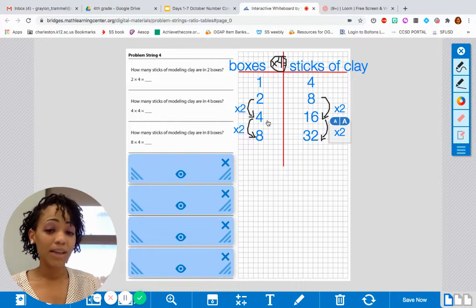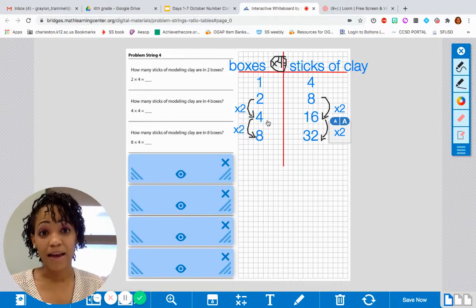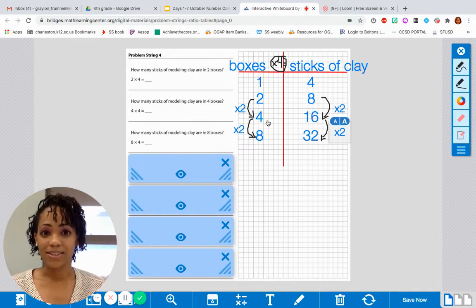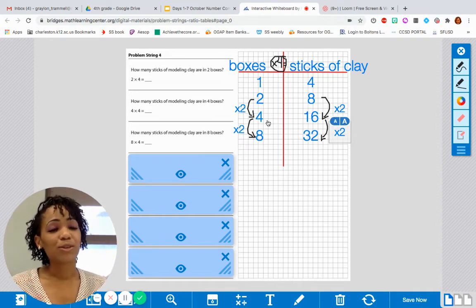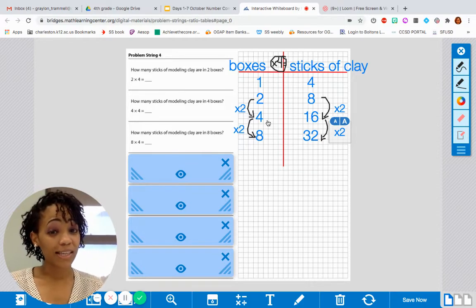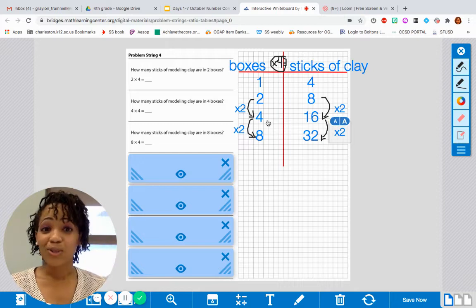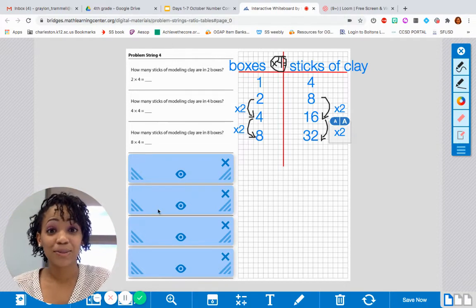When you double the amount of boxes you have, you're going to double the sticks of clay. I could also say, when you double a product, you're doubling your answer as well. When you double one factor, then you're also going to double your product. Okay, let's continue.